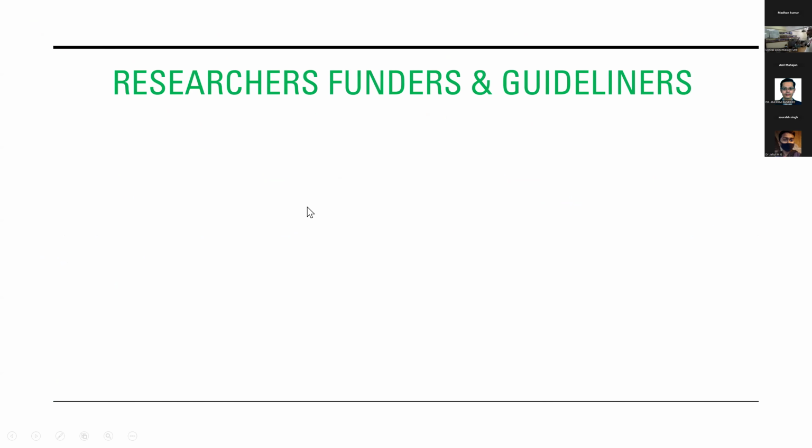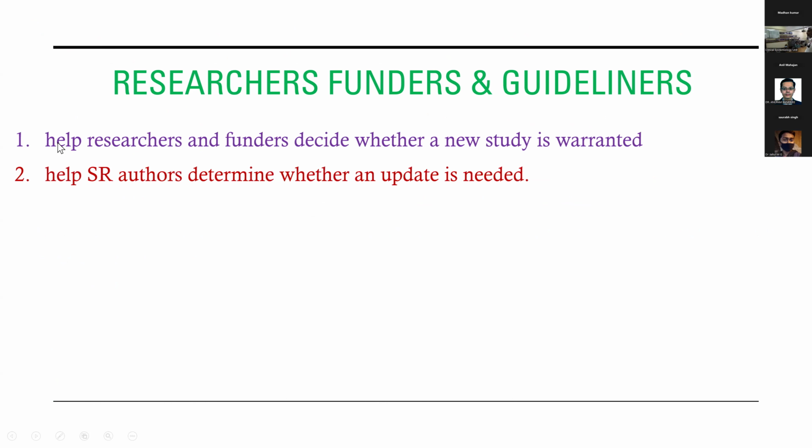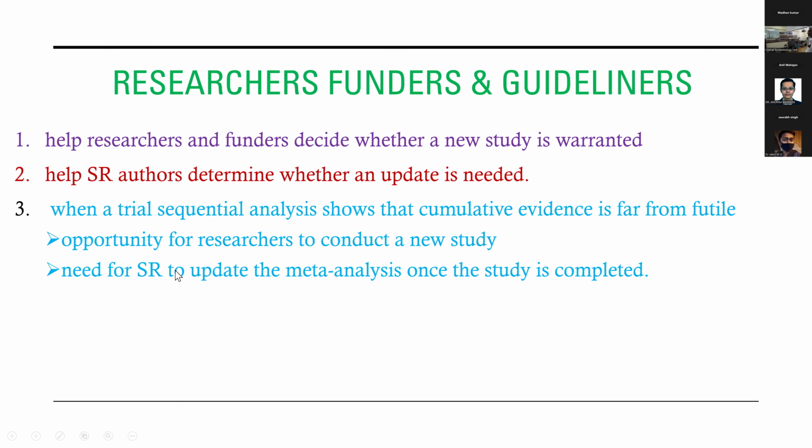Okay. So to end where I started off, funders of guidelines will decide whether a new study is warranted based on conclusiveness. Systematic review authors will decide whether I should update my systematic review or end the meta-analysis. Trial sequential analysis is an opportunity to decide whether a new study is to be done or not done, or we should keep on adding new studies.